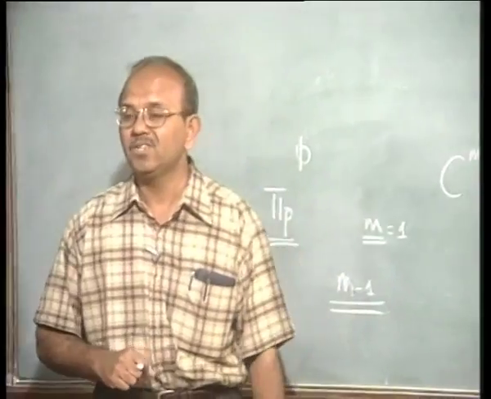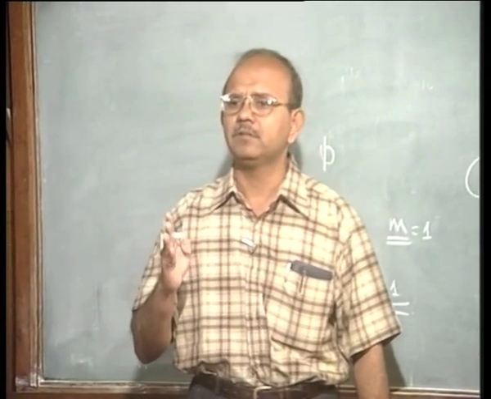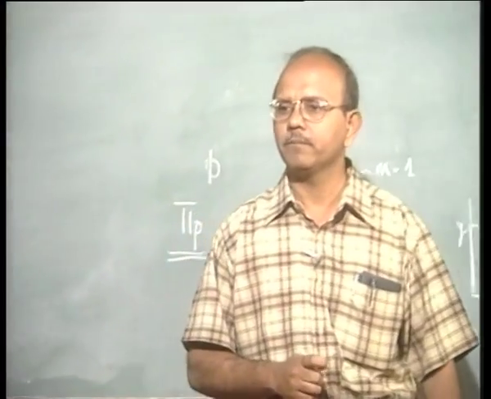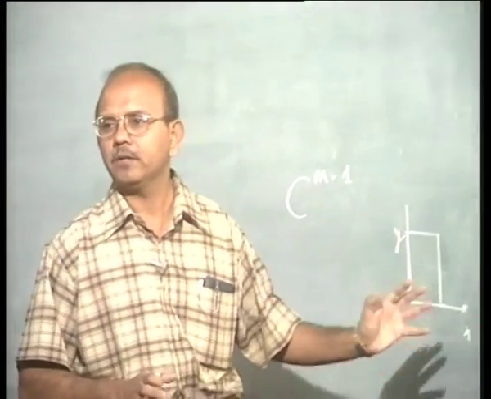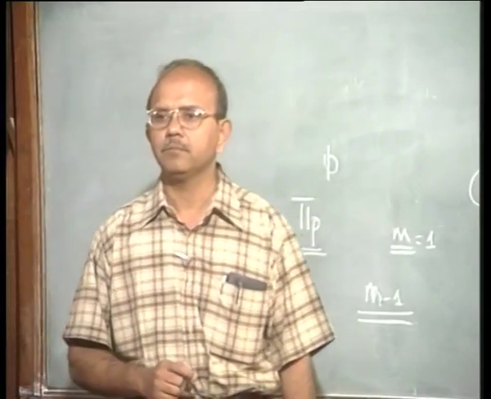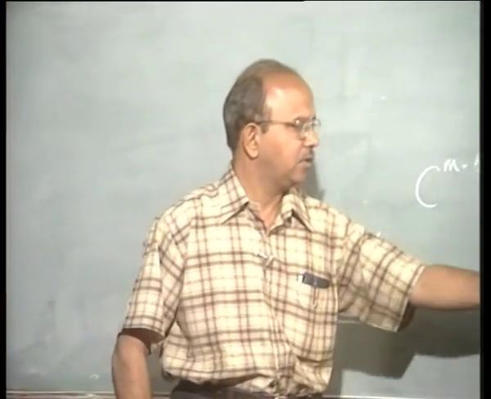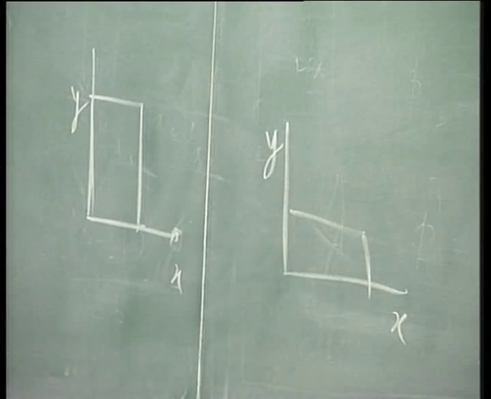Is that clear? So, what does it mean from our interpolation function point of view? What does this give me? What does it mean? Is it clear that whether I have an element like this or like this, it should behave in the same fashion? Yes.